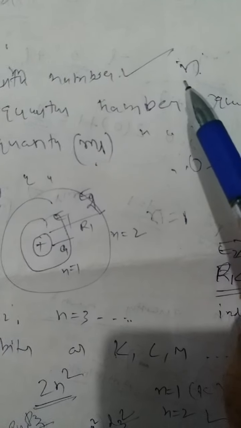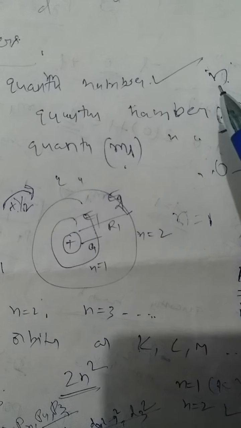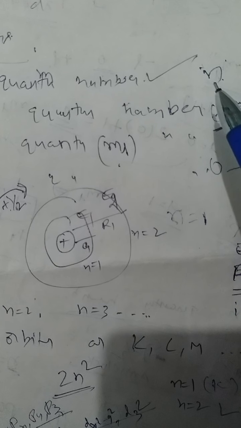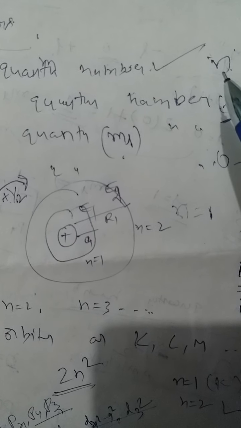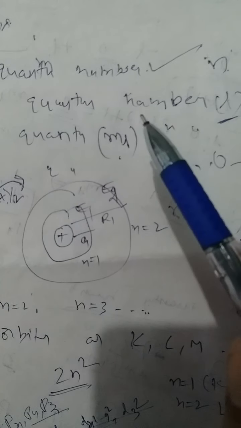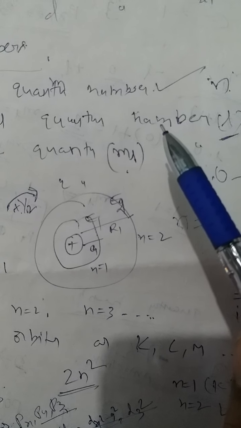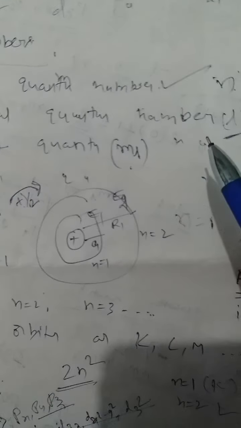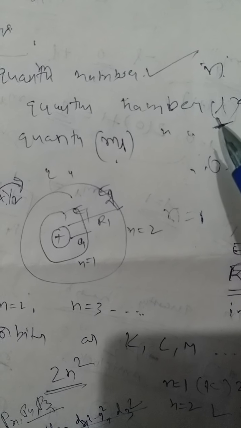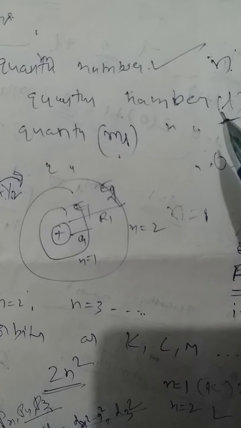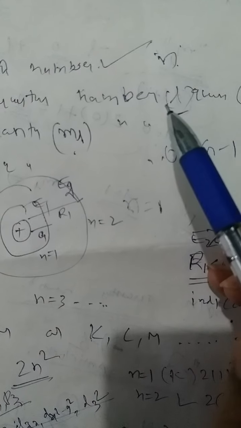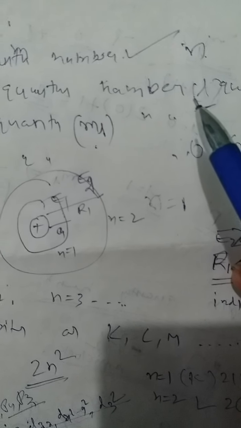Once again, I am repeating that the principal quantum number tells about the energy and size of the stationary orbit, and the azimuthal quantum number or angular momentum quantum number L gives information about the substationary orbits present in the stationary orbit.